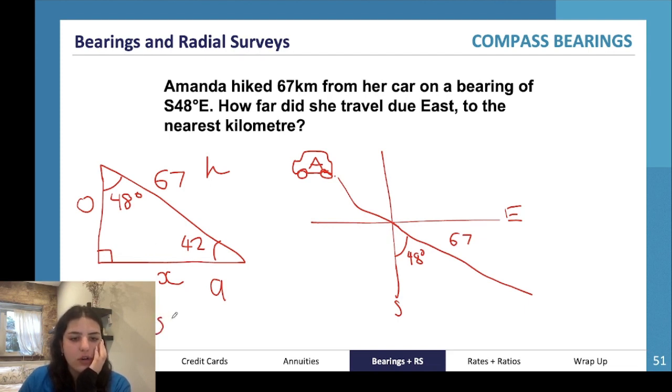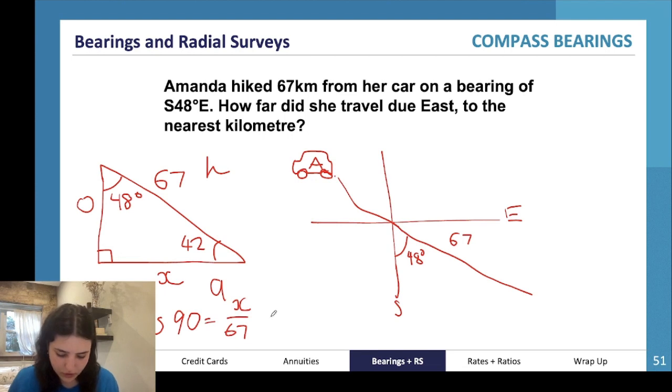So cos of the angle is going to be our adjacent, x, over our hypotenuse. Cos 90 times 67. Oh, hang on. No, that's incorrect. I used the wrong angle. Where is our angle? 48 is our opposite angle. Take it back. Cos 48.